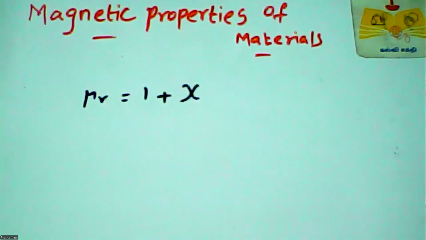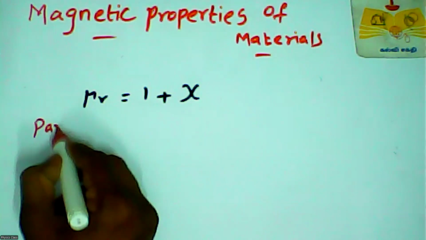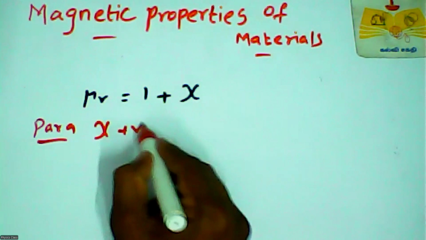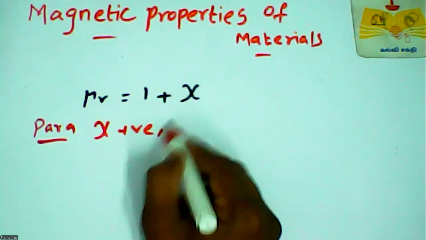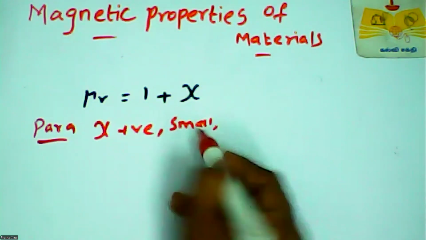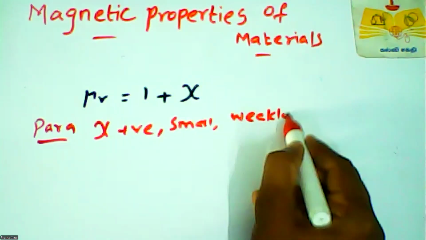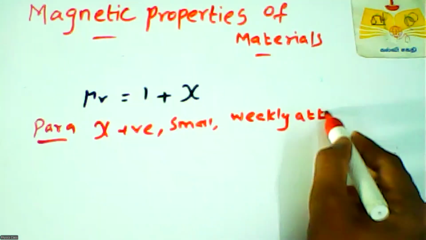Next, paramagnetic. So psi here is positive and a small value. They are weakly attracted to the external field.